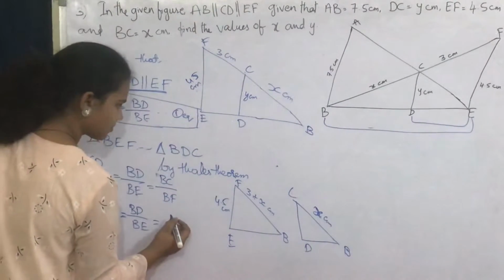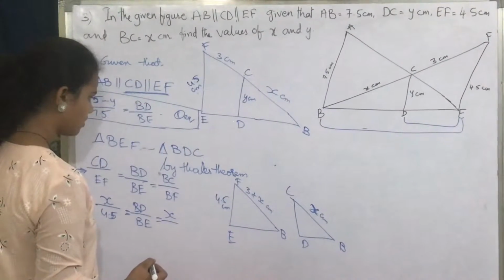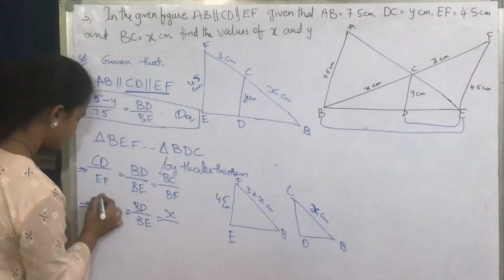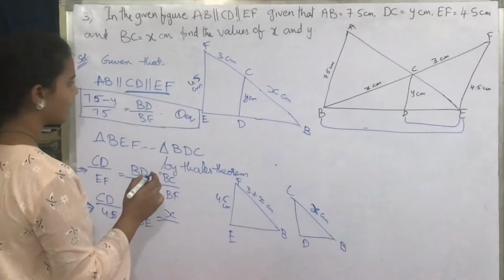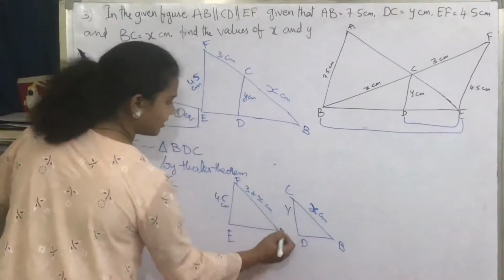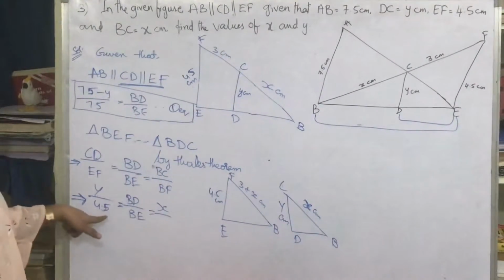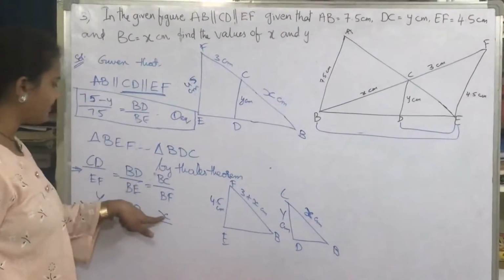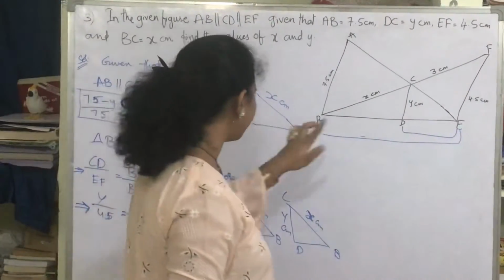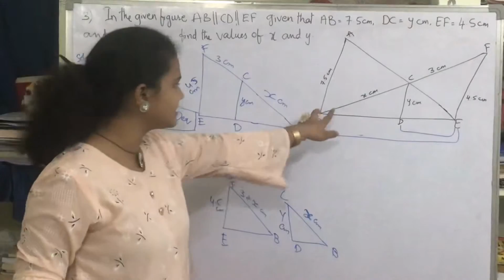And now BC is X by BF. Look into this figure: BF equals BC plus CF.